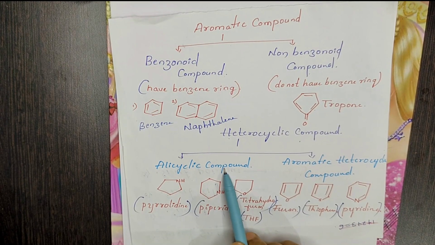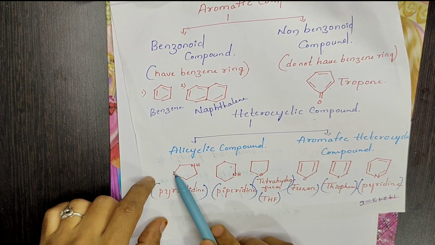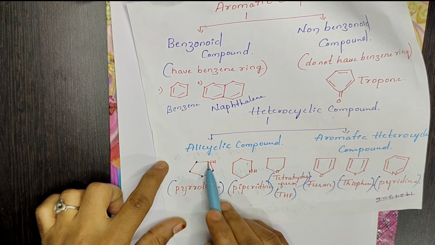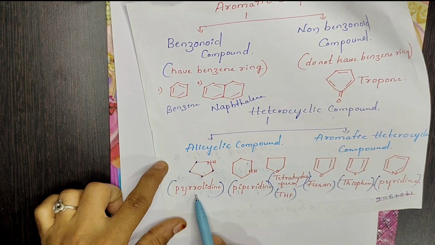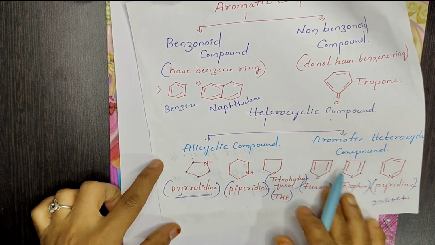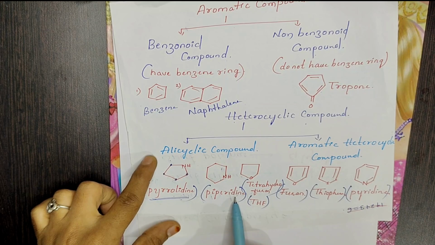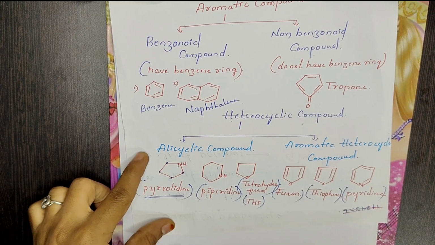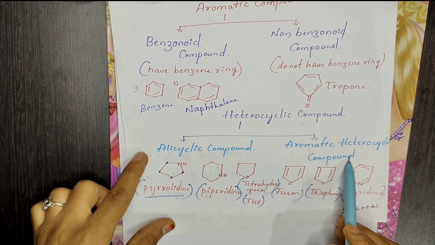In alicyclic heterocyclic compounds, the ring contains a heteroatom. In this ring, each corner indicates a carbon atom, and one of the carbon atoms is replaced by nitrogen. This compound is called pyrrolidine. If in the 6-membered ring one of the carbon atoms is replaced by nitrogen, this is called piperidine. If in the 5-membered ring one of the carbons is replaced by oxygen, this compound is called tetrahydrofuran, THF.